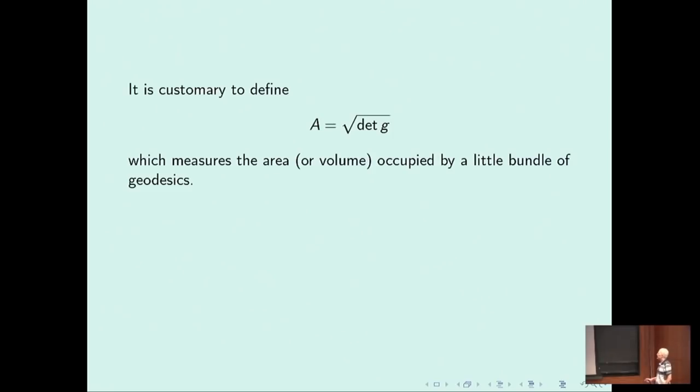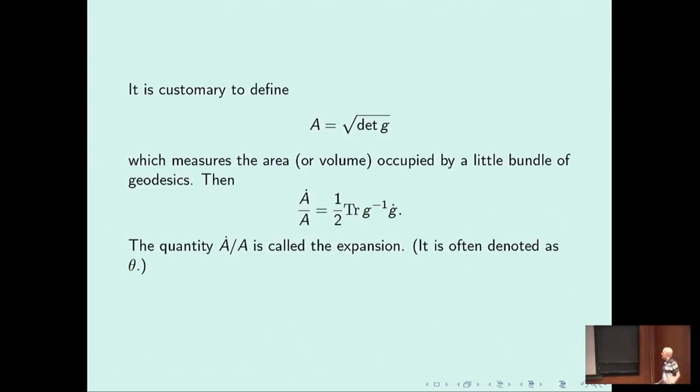Now, it's customary to define A, or sometimes V, which is the square root of the determinant of g. It measures the area or volume, depending on the space-time dimension, occupied by a little bundle of geodesics. And then A dot over A is a half of the trace of g inverse g dot. It's called the expansion, and it's often denoted theta, but I will really only use that notation in the null case.